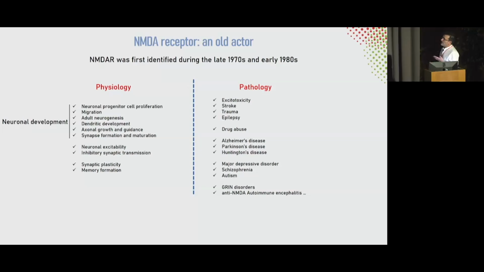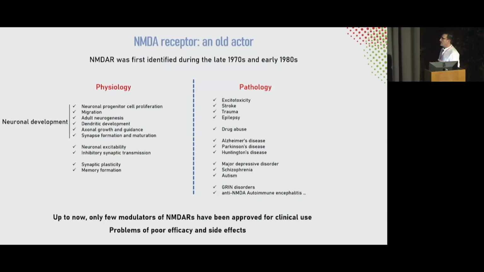But despite the fact that it's really an old actor, we have only a few modulators of the NMDA receptor that have been approved for clinical use, which is a problem because it's a really well-known receptor.